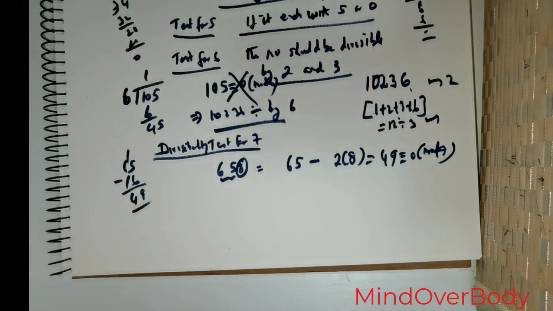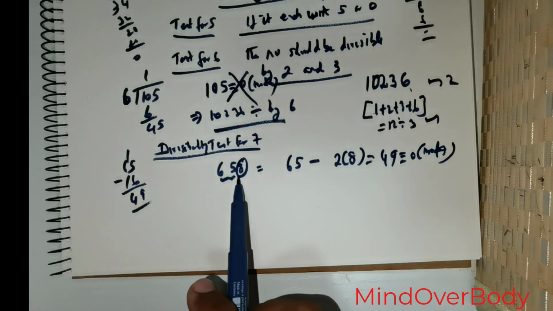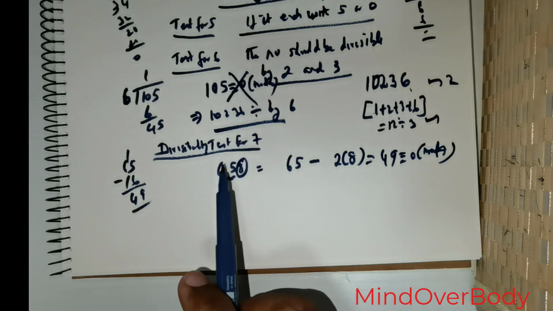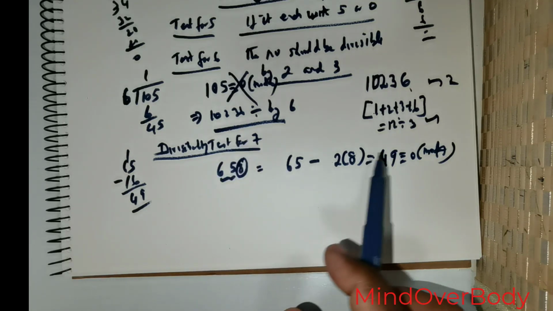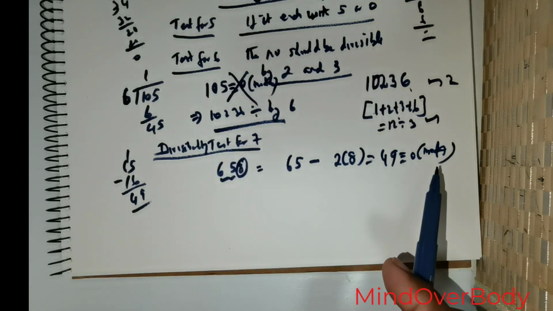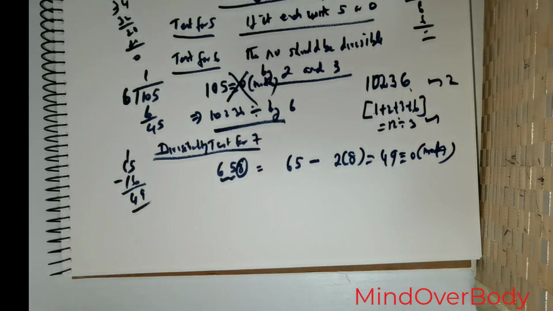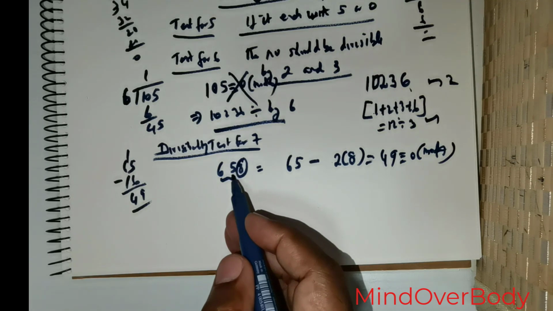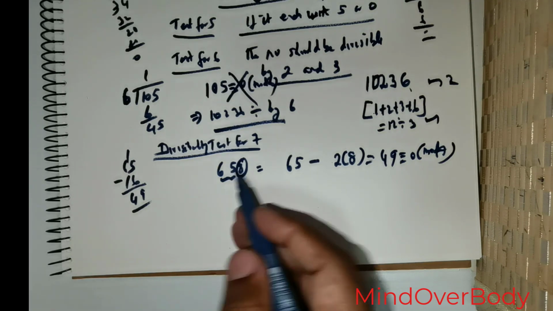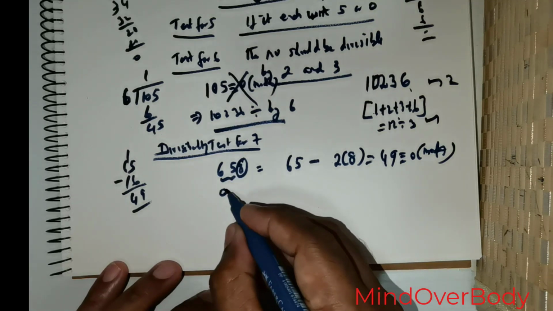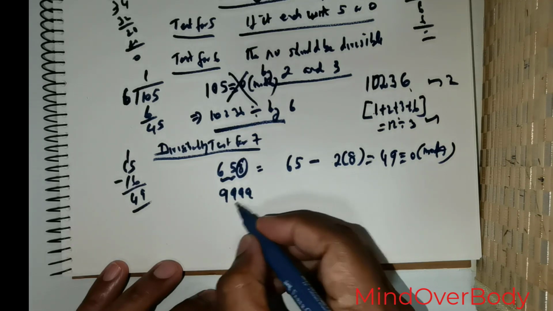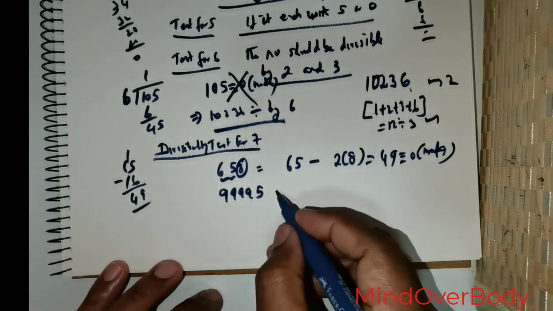I hope you're catching the essence of it. Take the unit digit, multiply by 2, and then take the other digits and perform a subtraction. If the number that you're getting is divisible by 7, then the entire number would be divisible by 7. Clearly you can see this number, 658, is divisible by 7. Now let me check another number. Say I've got 9995, 4 nines and a 5.